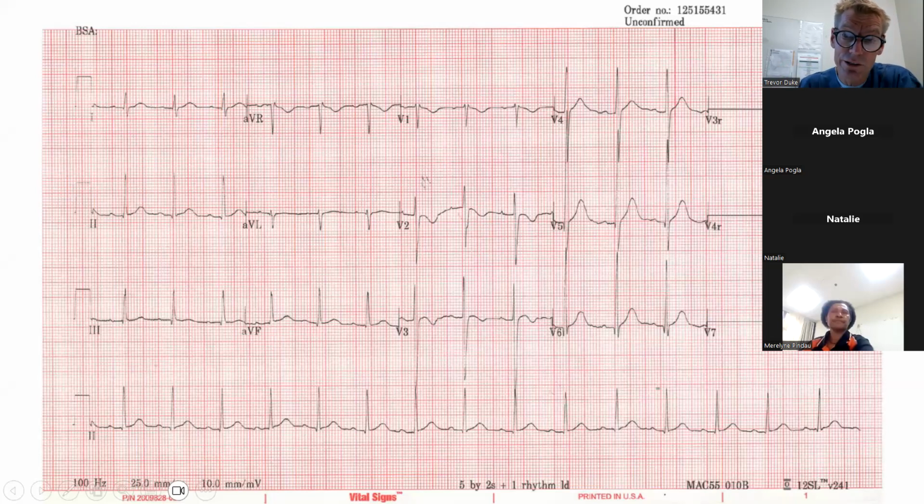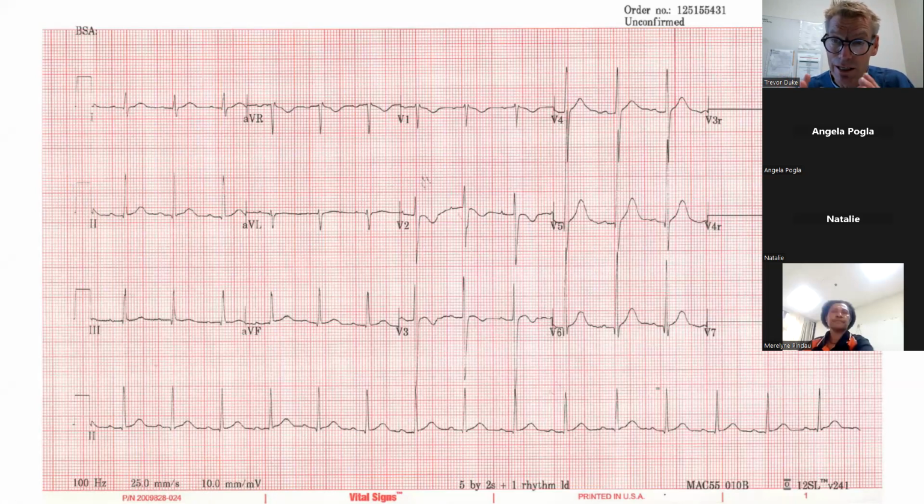But again, it gives you a bit of a clue as to where there might be pathology within the heart. If you've got left ventricular hypertrophy, then it might be that there's some pathology in the left ventricle. Lots of reasons could be for that.